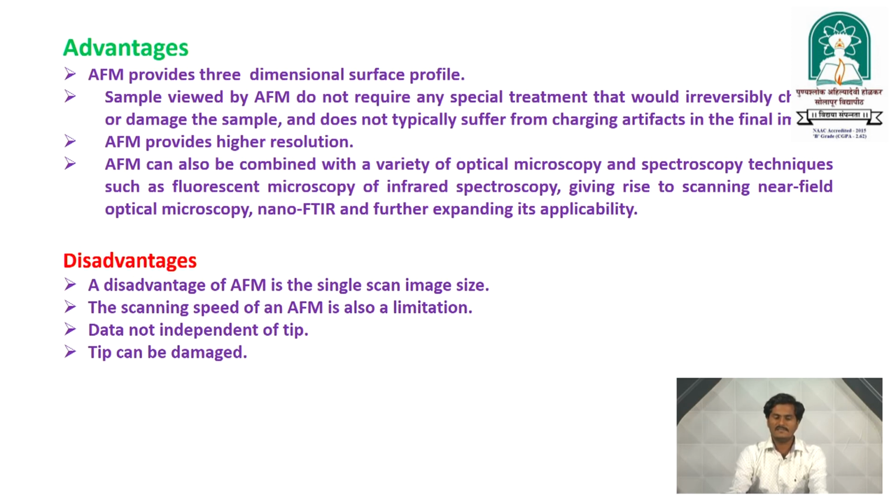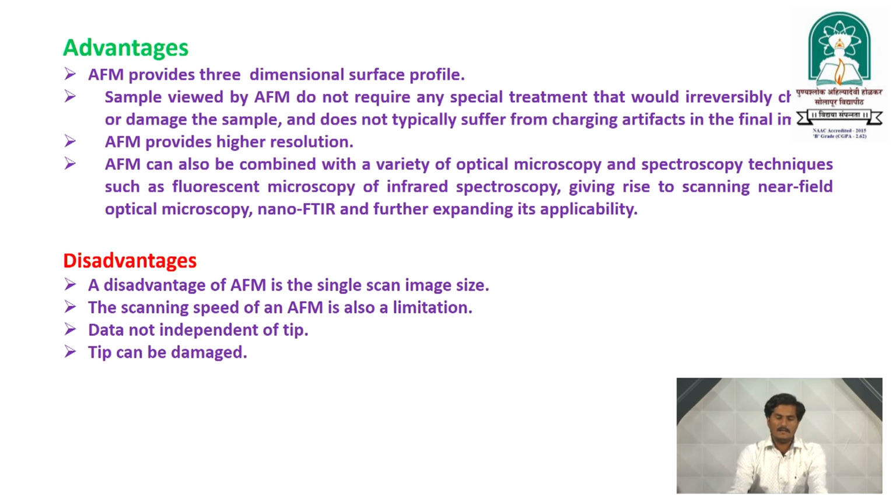The first disadvantage is the AFM single scan image size. The second is the scanning speed of the AFM, which is also a limitation, as AFM requires a few minutes for a typical scan. This is very slow compared to scanning electron microscopy.